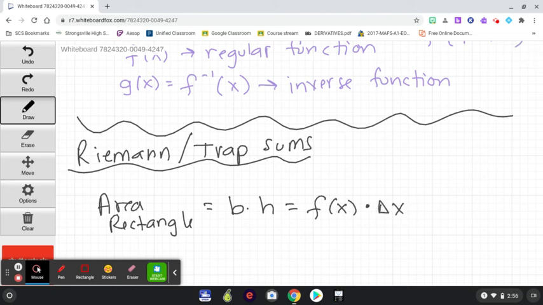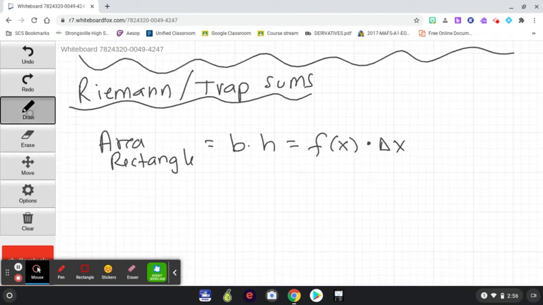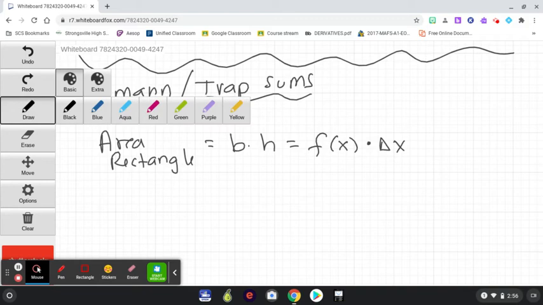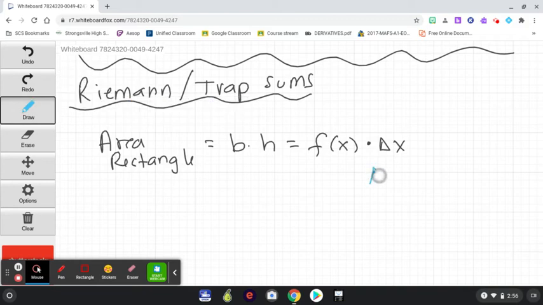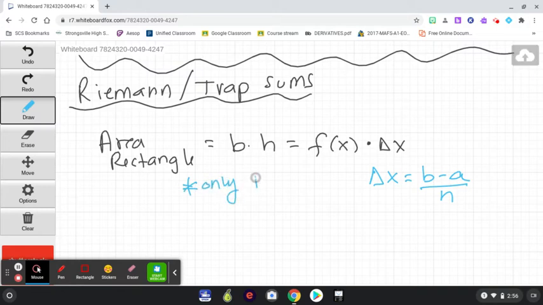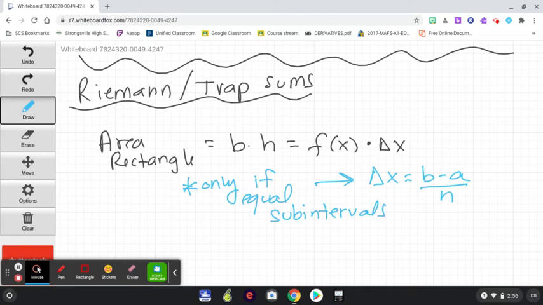All right. And so we talked about delta x and how to calculate delta x. I only need to calculate delta x, which, by the way, is the length of the interval divided by the number of subintervals. And I only need to do this if you have equal subintervals. Okay. If I have equal subintervals, then I need to calculate what the delta x will be.